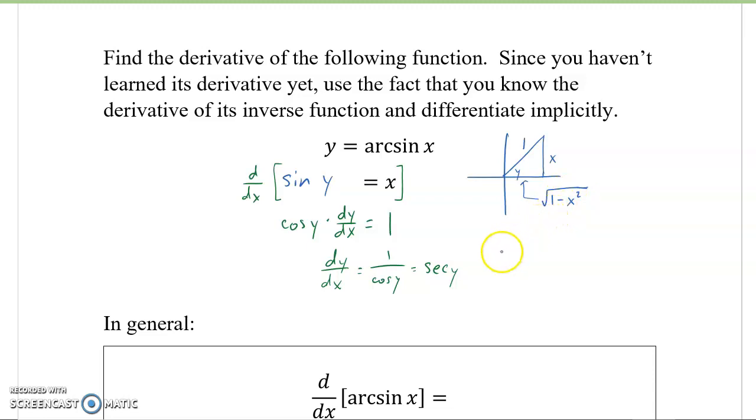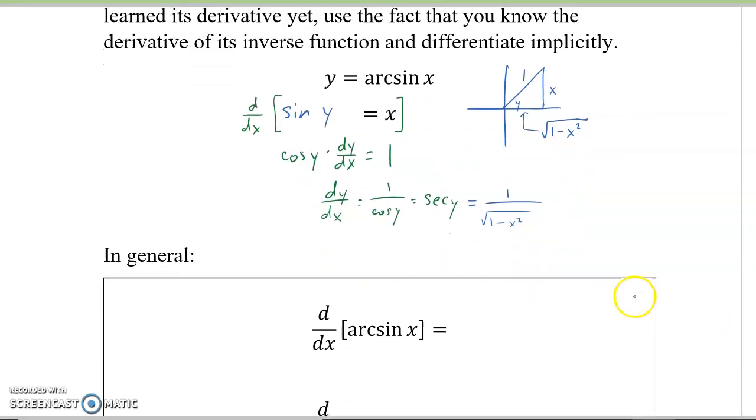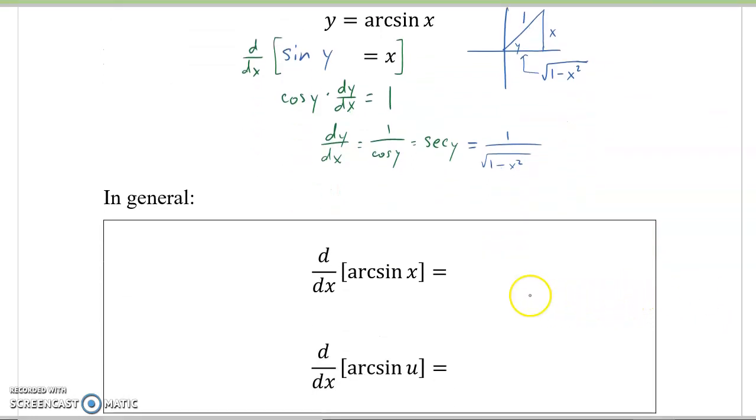So if I'm going to try to find the secant of y, I've got this nice triangle here that tells me that the secant of y is going to be 1 over the square root of 1 minus x squared. Oh, wait a second. That's what dy dx equals. That's fantastic. Good news. We have derived the derivative. We have figured out what the arc sine differentiates to.